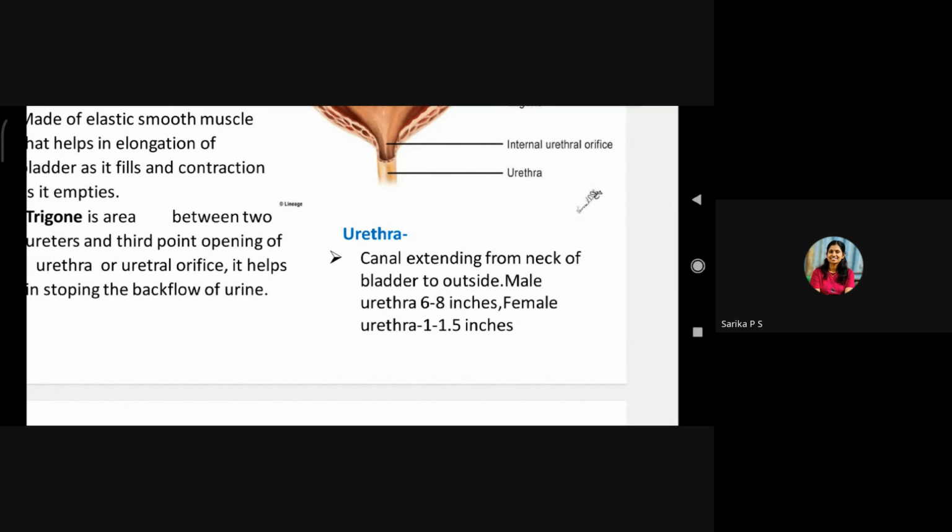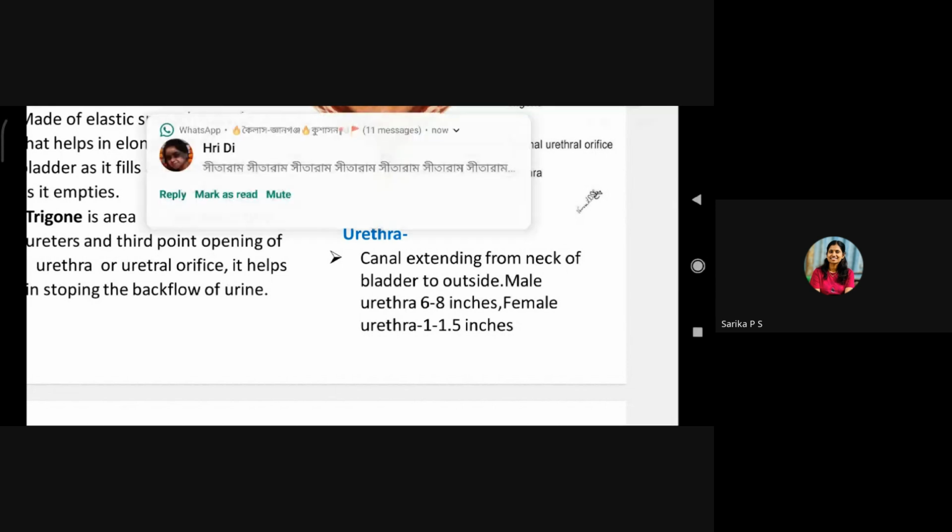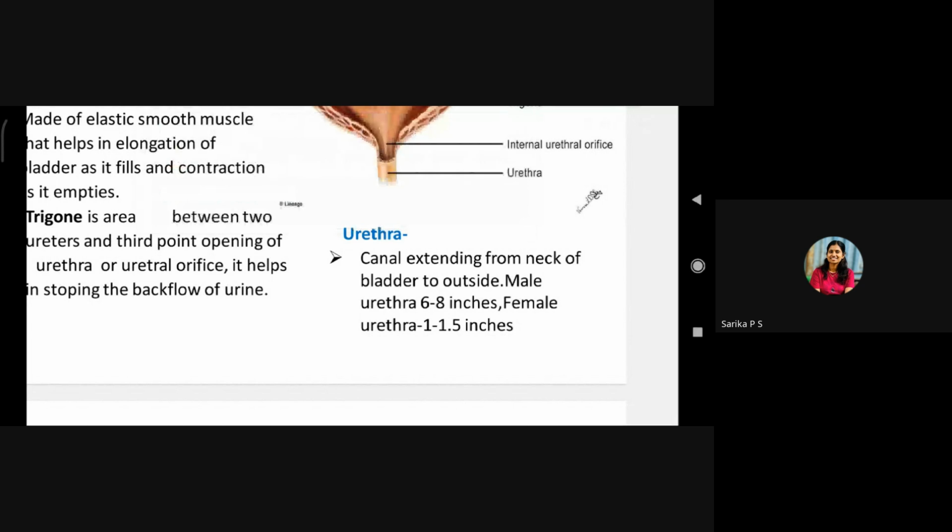So the male urethra is a bit longer, 6 to 8 inches, and the female urethra is a bit shorter, 1 to 1.5 inches.